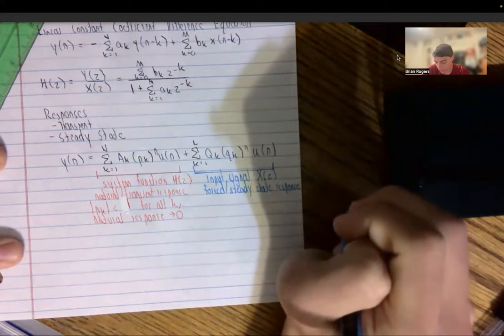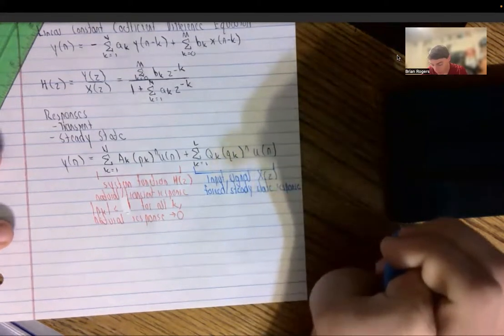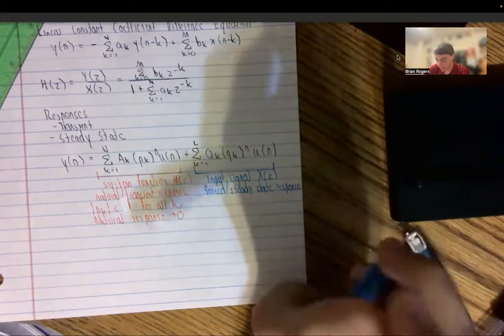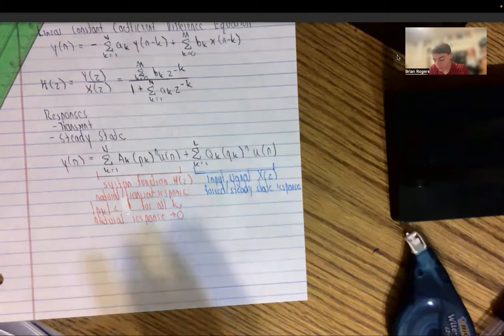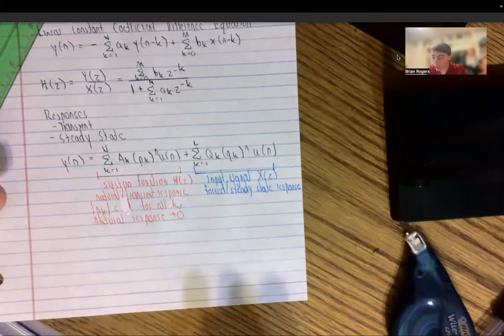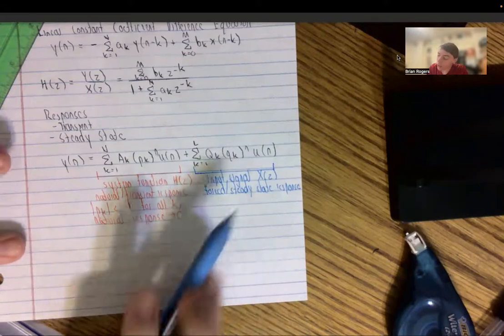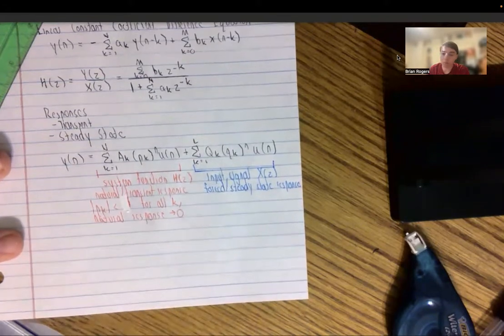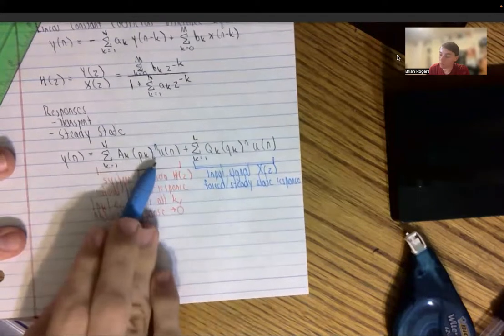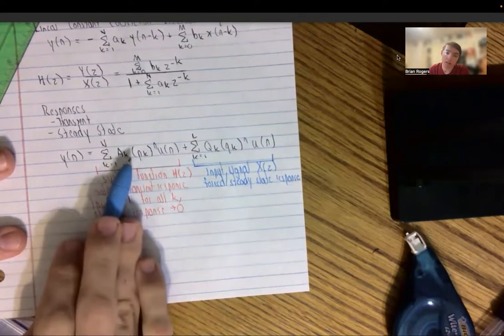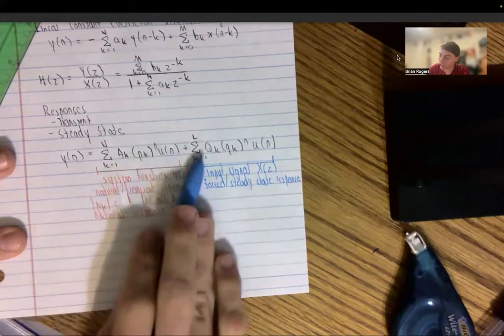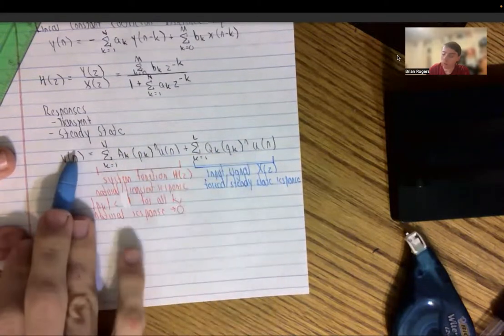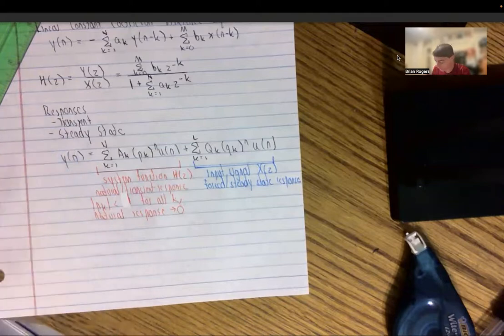Oftentimes, if the poles fall on the unit circle, it's a sinusoid that persists for all n greater than or equal to 0. But what we notice is this term remains while this term usually decays because this part will go to 0. And so this term will just equal 0, and then only this one will remain as time goes to infinity.